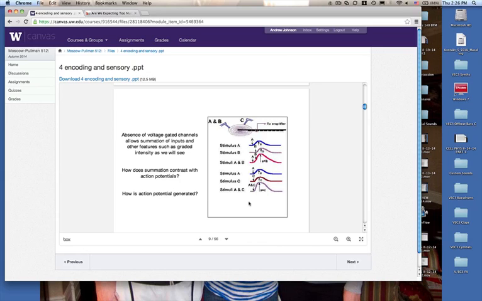So really, today, until we get to pain, the focus is how these different stimuli are encoded into action potentials and how you get information out of that. So you have a receptor potential. I just told you there's no voltage-gated channels there. So how do you actually get an action potential? So that's something to consider.